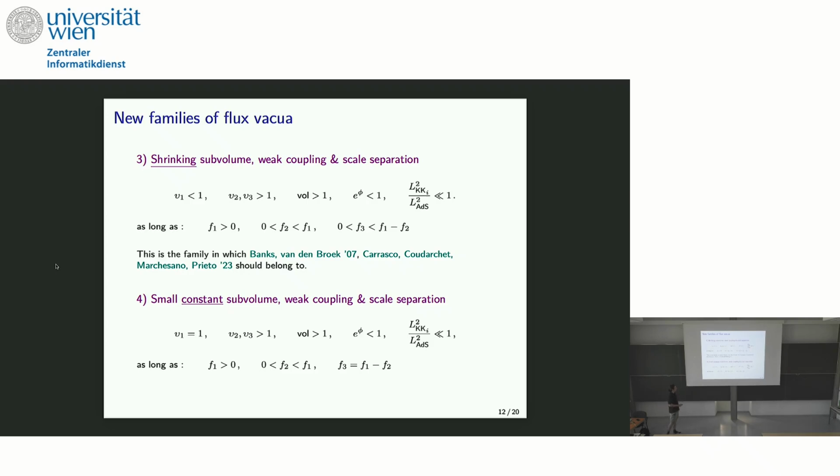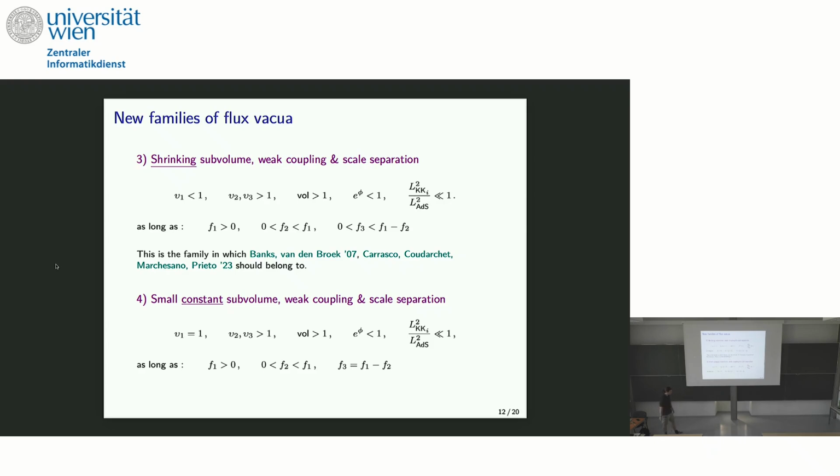And the last family that we have discovered is the one where we impose one of the subvolumes to be constant, at the string scale, and we want the coupling to be small and have a scale separated solution.